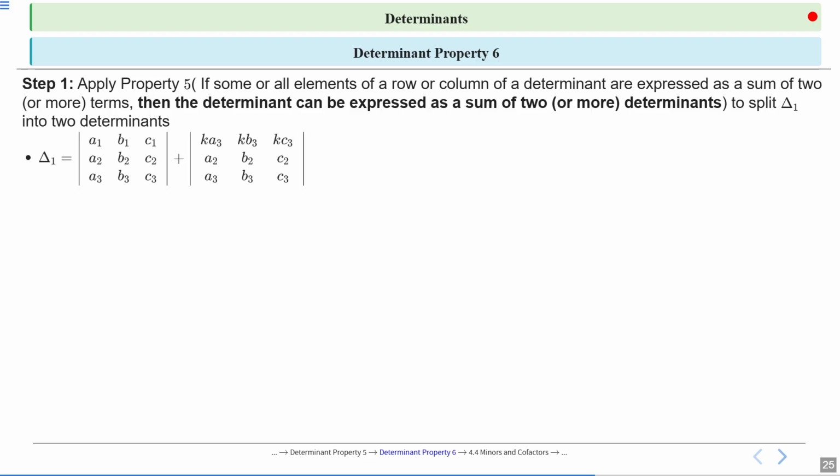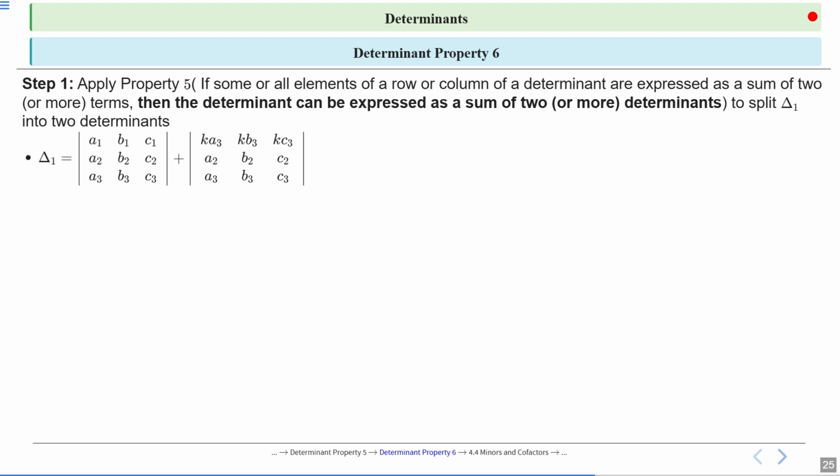So apply property 5. What is property 5? Property 5 says that if the elements of a row or column of a determinant are expressed as a sum of two or more terms, then the determinant can be expressed as a sum of two or more determinants.